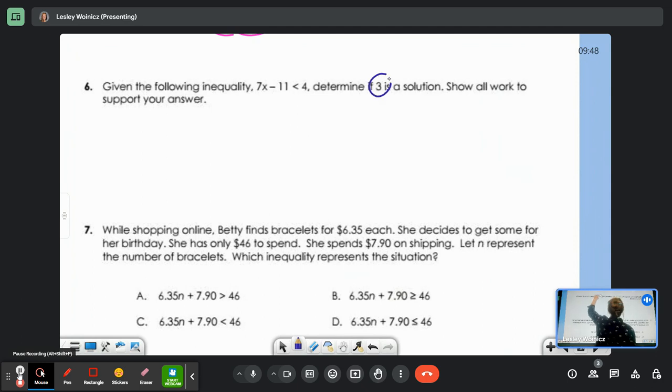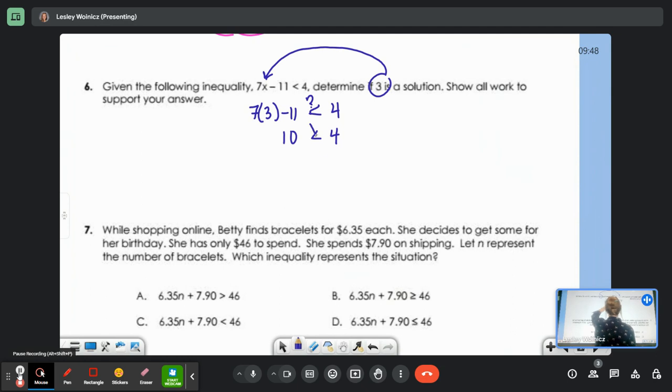So we're going to take the 3 and we're going to substitute it in wherever we see the x. So I'm going to do 7 times the 3 minus 11. I want to know, is that less than 4? I don't know, so I'm putting a question mark. Okay, 7 times 3 is 21 minus 11 is 10. Is 10 less than 4?